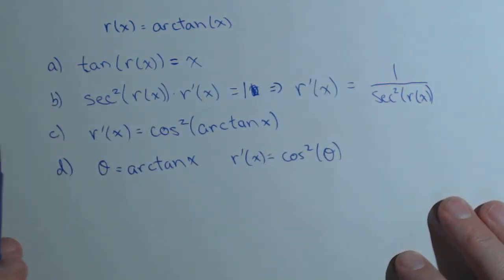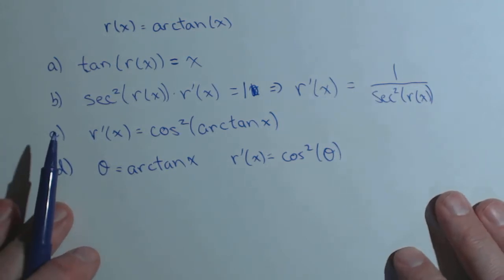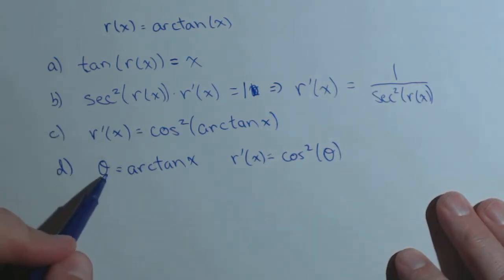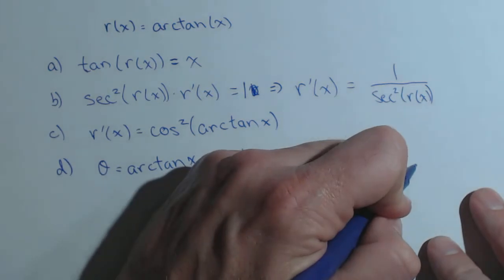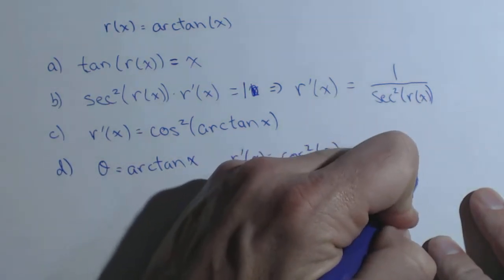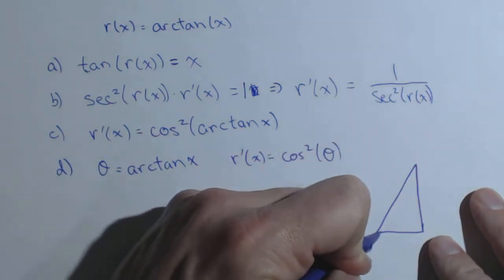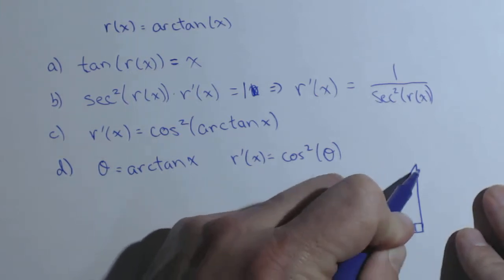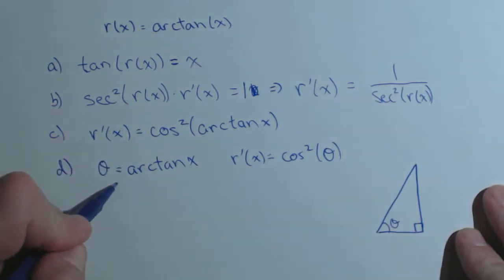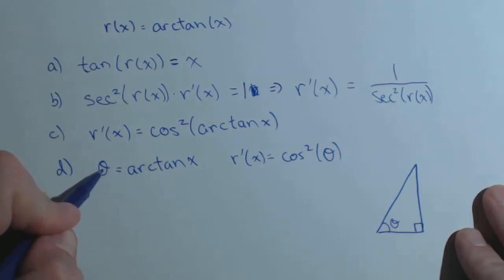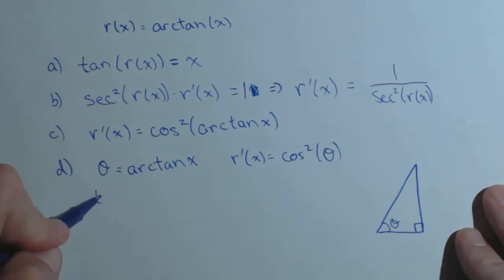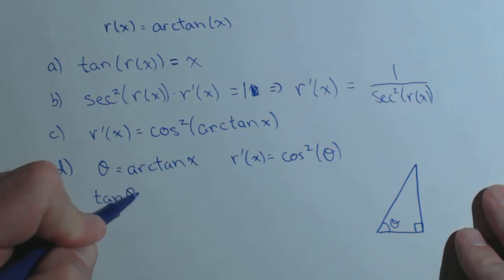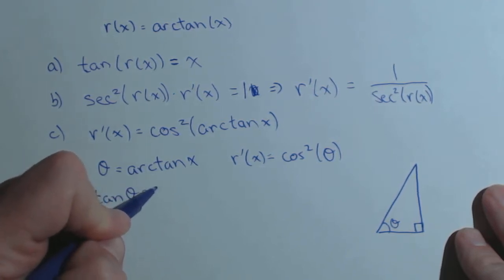Okay, now we do this to simplify the formula. That means we know that if we put in our triangle here, a right triangle, and call, say, this angle theta, it would be this one or this one, doesn't matter. And rewriting this, remember, if arctan of x equals theta, that means tangent of theta equals x.